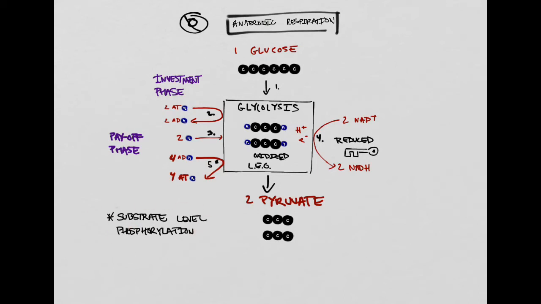But the key element here in glycolysis is we need this oxidation reduction reaction between these carbon molecules and this NAD plus making NADH to happen in order for this reaction to be pushed forward. And so in the process of fermentation, all we're doing here is recreating this NAD plus. So we won't make any more ATP, but we will oxidize this NADH to form NAD+, and I'm going to talk to you about how that happens.